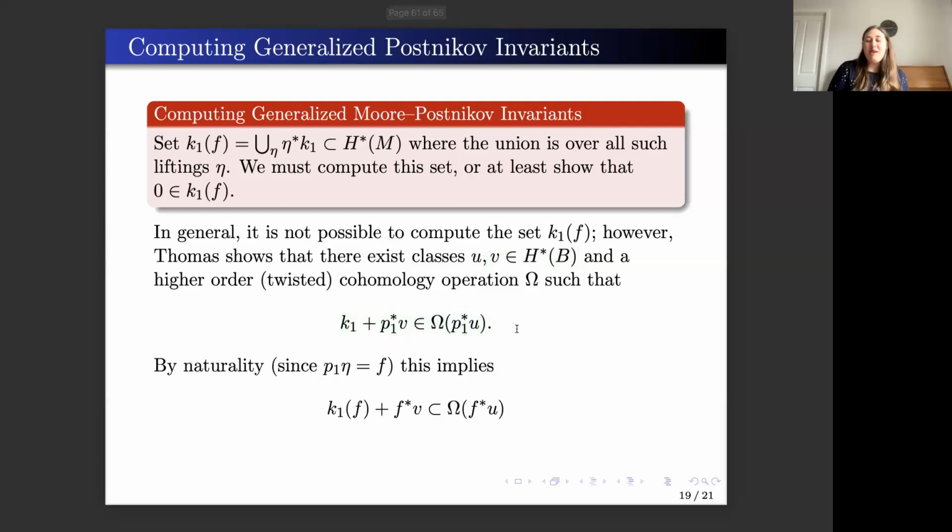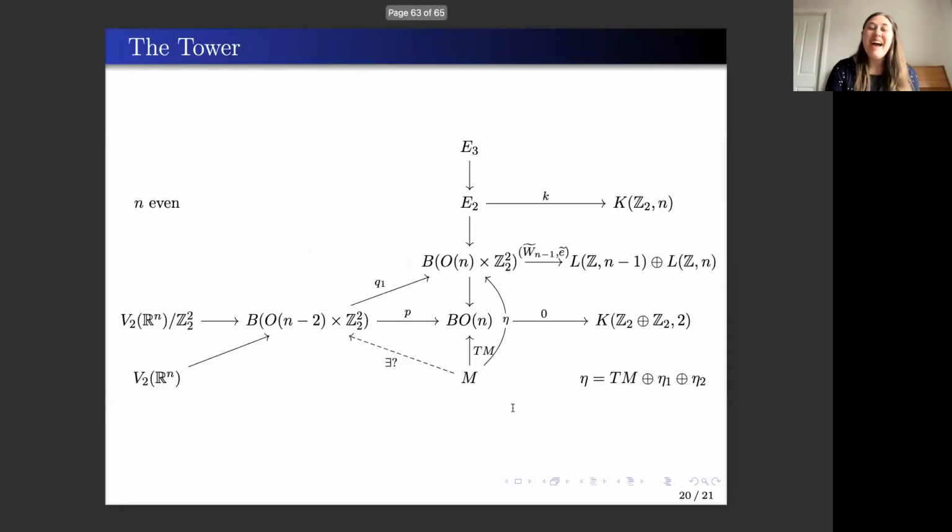I'm not going to explain this, but by naturality, this basically gives you some hold on the coset that you're trying to calculate. So maybe you have no hope of calculating this k1 of F, but maybe you can calculate the image of this mysterious cohomology operation. So that's the idea that's going on there. I won't really explain that.